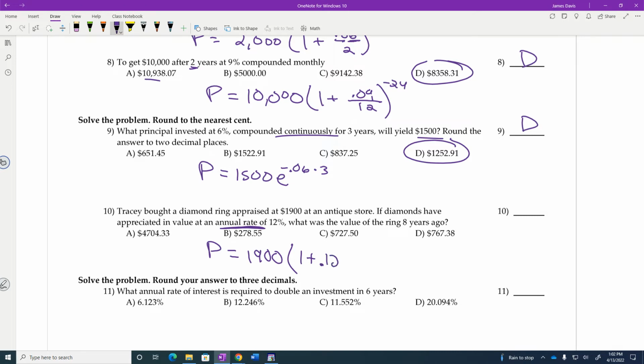That would be 0.12. n times t goes to 8 years, but it's in the past, so we get a negative 8, if we're going backwards 8 years. And plug that in, we get your value 8 years ago, which was 767.38.